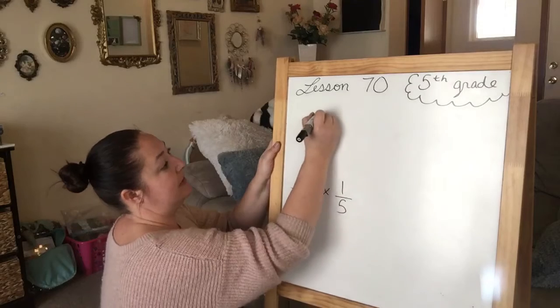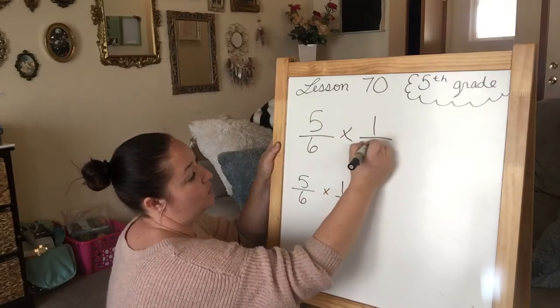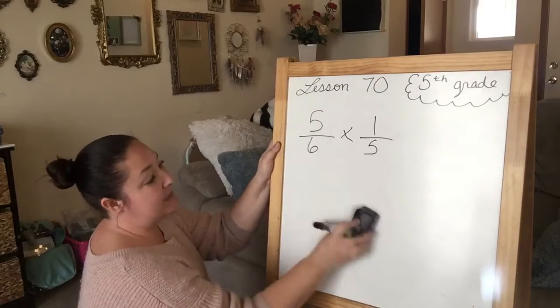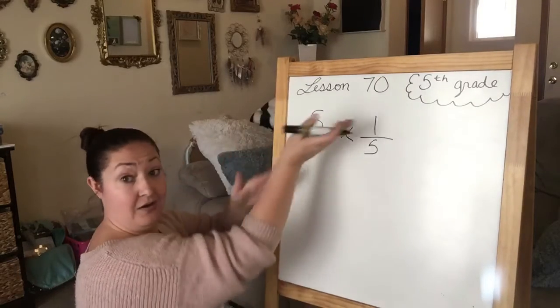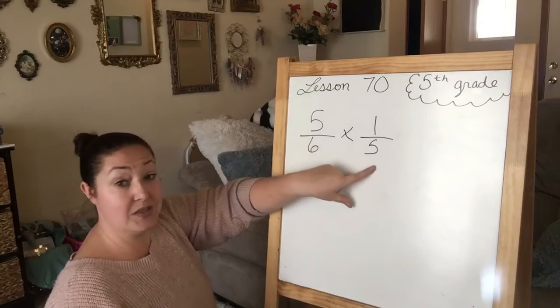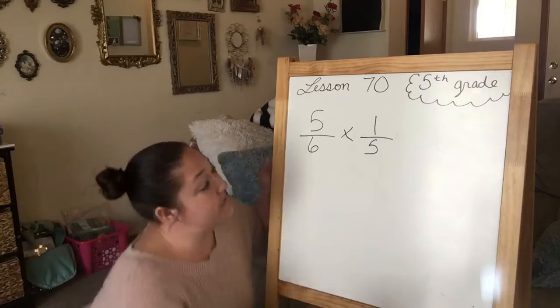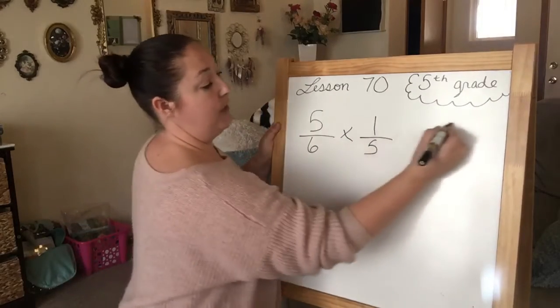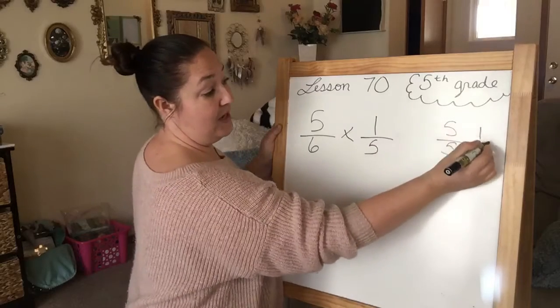We're going to go to this. I'll make it a little bit bigger so you can see it. 5/6 times 1/5. Okay? So I see two numbers that are across from each other. One's on the top and one's in the denominator that we can cancel out. So it'd be like you would be having 5 over 5. And 5 goes into 5 one time.